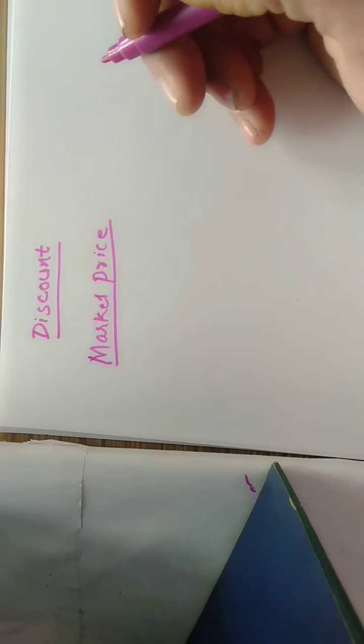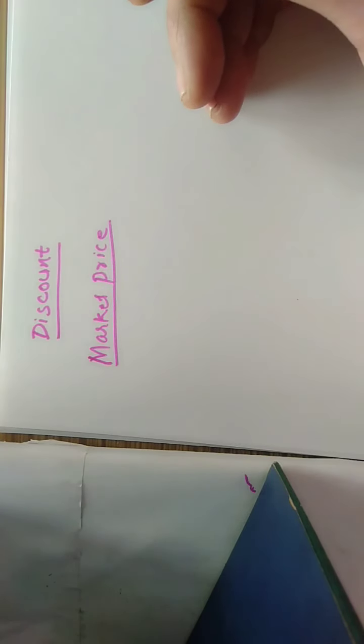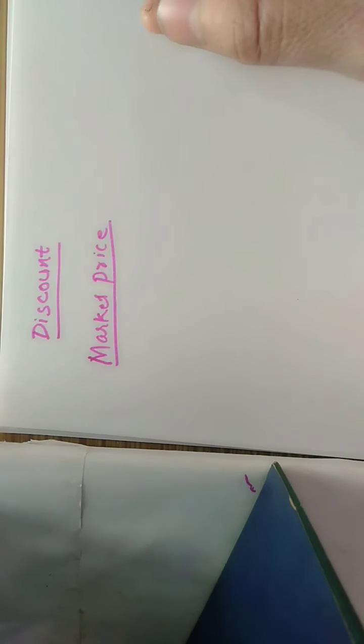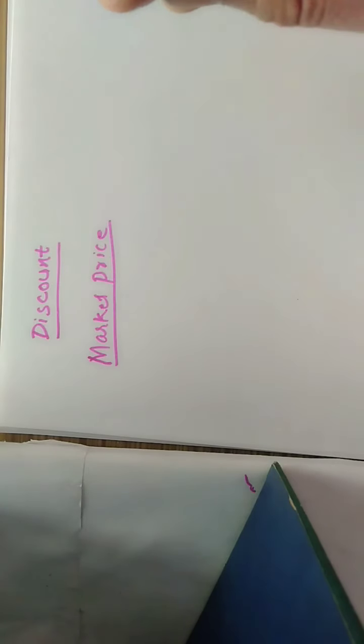So how to calculate and find out the discount? For this you have to understand the market price. The market price is that price which is written on the object. It is the price written on the boxes, shoe boxes, dress material boxes, TV box, fridge box, or whatever you want to buy.